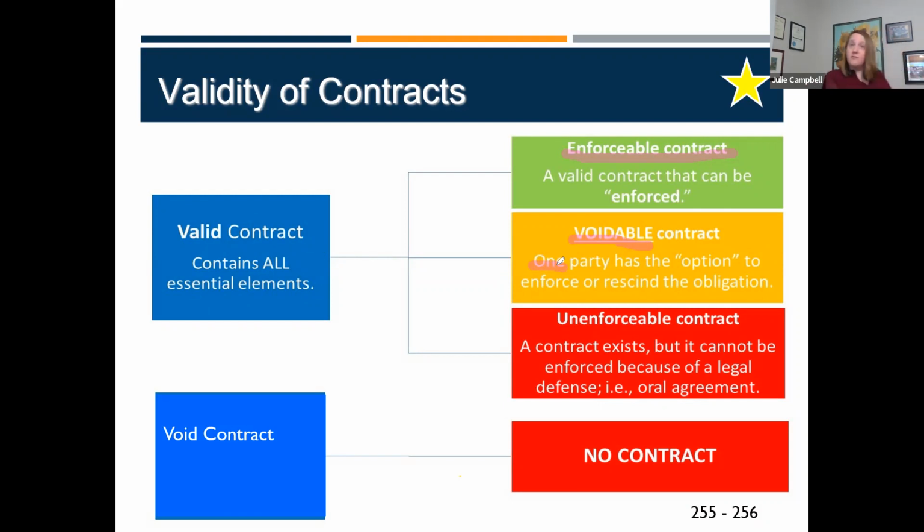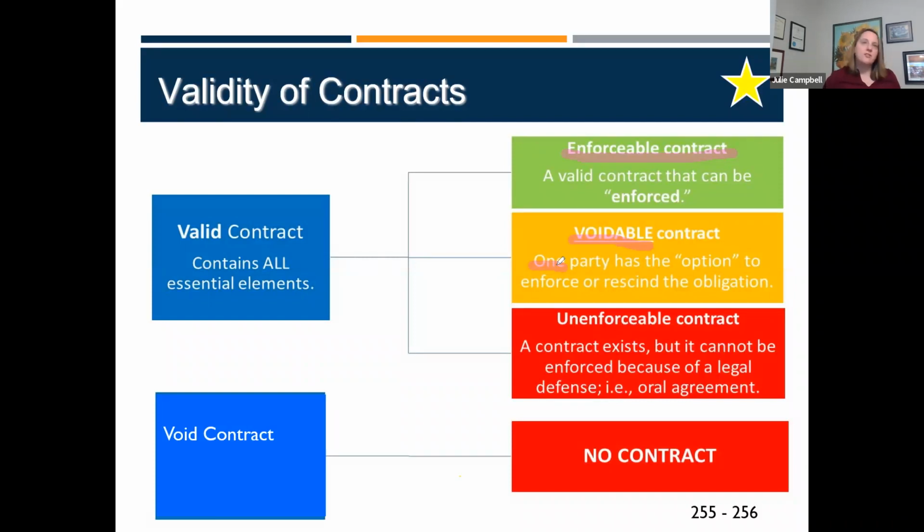The contract itself is valid, but it can become voidable by one of the parties. So who's the party that can make it voidable? For example, in North Carolina, anybody under the age of 18 is considered a minor. A minor can enter into a contract, but you can't force a minor to carry through with the terms because they're not an adult.